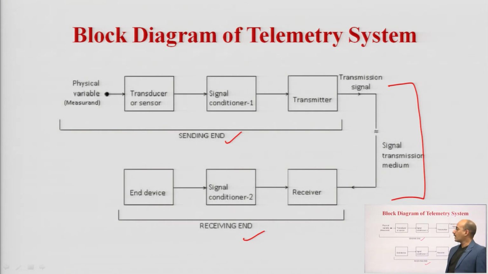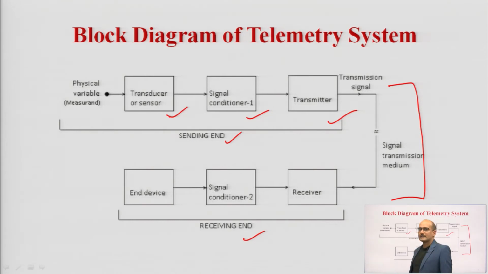When you are talking about the sending end, that is the end which is located at the inaccessible situation or the remote location. In this sending end, we have a transducer or a sensor, a signal conditioner, and a transmitter. These three devices make a combined sending end, or we can say the transmitter of the telemetry system.